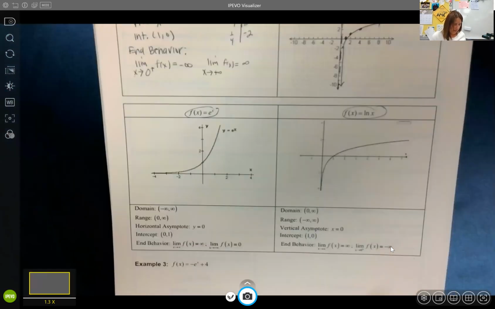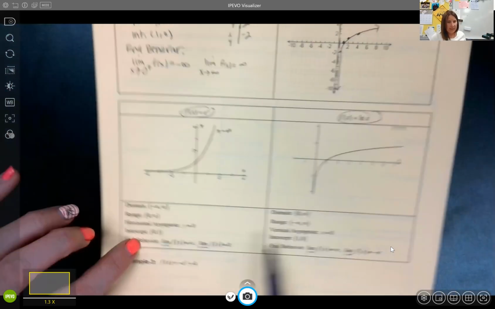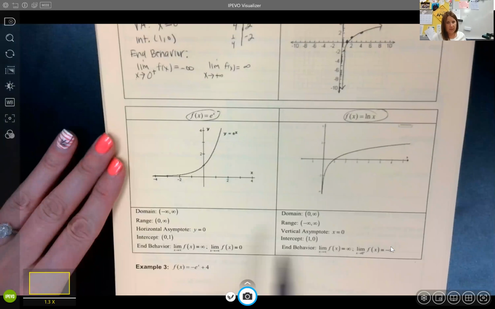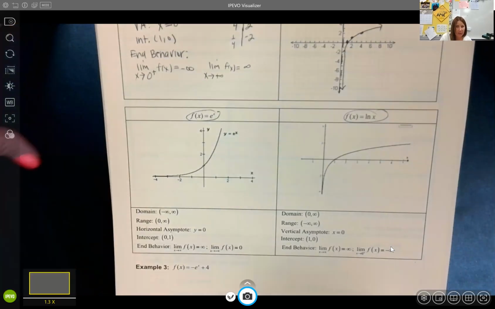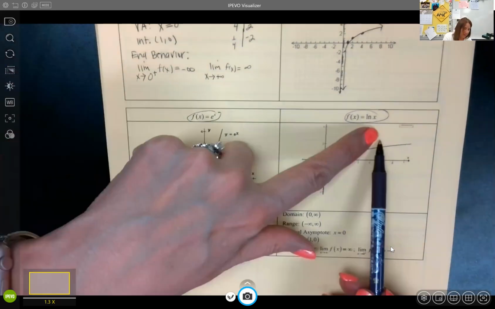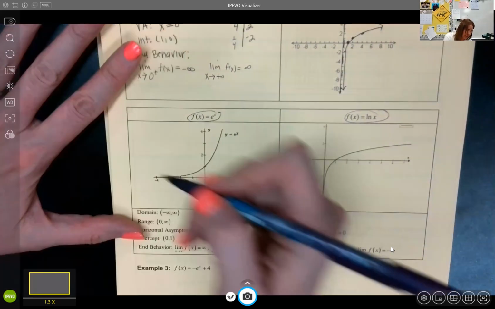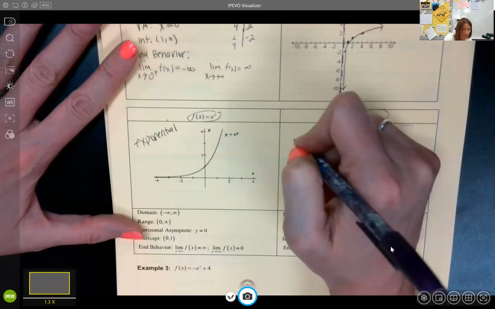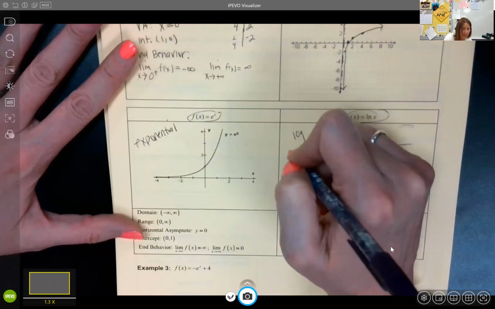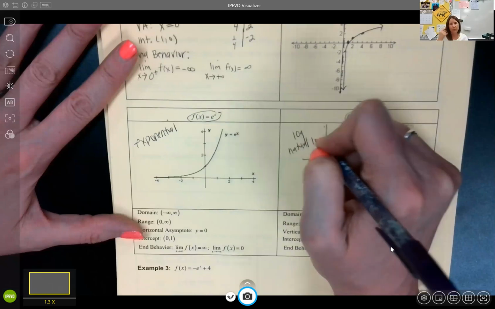And if you look at this, it follows the exact same rules as our normal exponential and log. Okay, so this is exponential, and this is a log, but it's a log that's called a natural log.